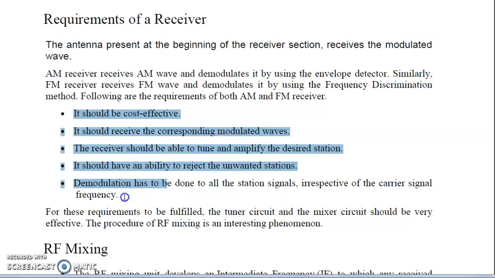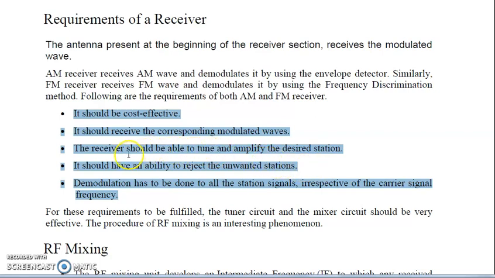Okay. Now, the second one is it should receive the corresponding modulated waves. The receiver should be able to tune and amplify the desired station. There are millions of people across the world and their desires may be different. They want to hear different FM channels.